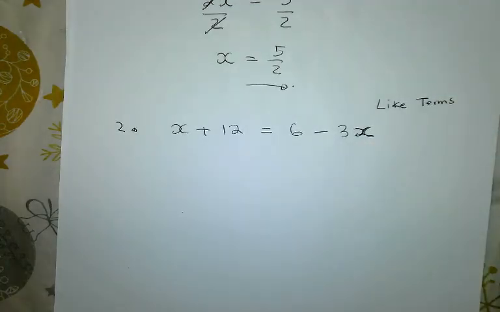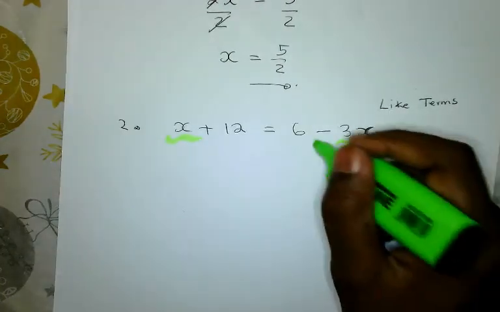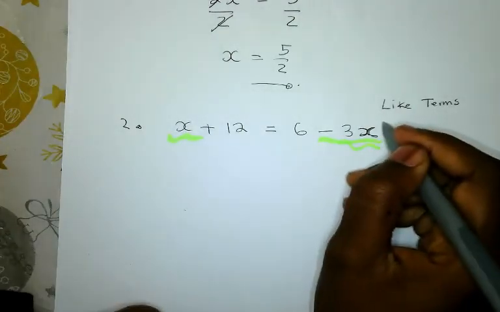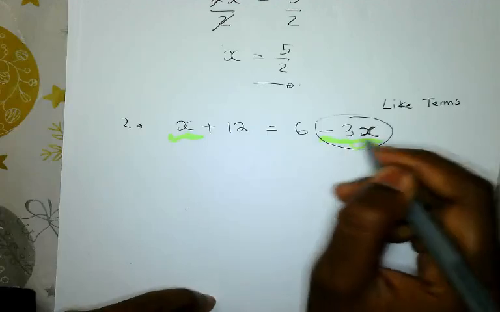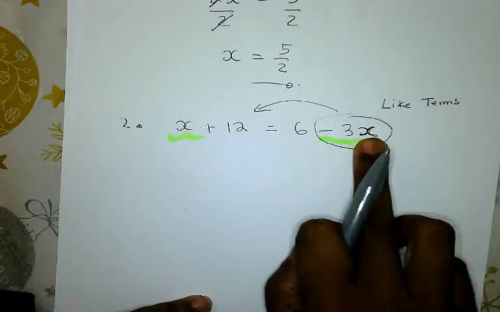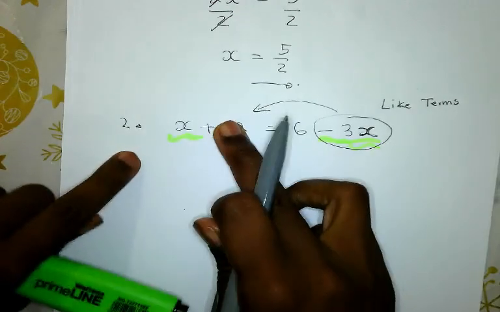Like terms are the numbers that have the same variable or same exponent. So these two are like terms. So I'm going to put them on one side. The only way I can put them on one side is to take this and move it across the equal sign. It's a negative. If it comes this side, it becomes a positive.